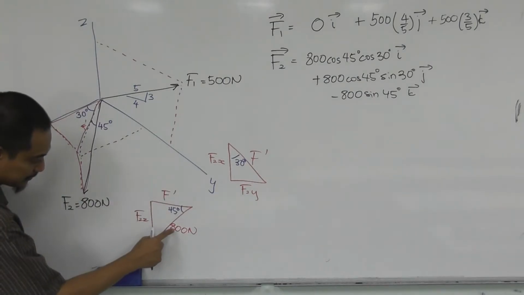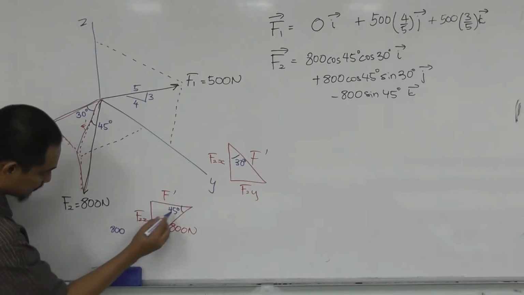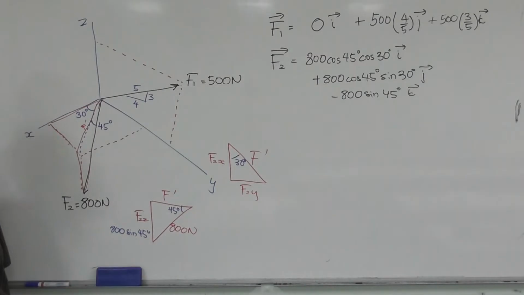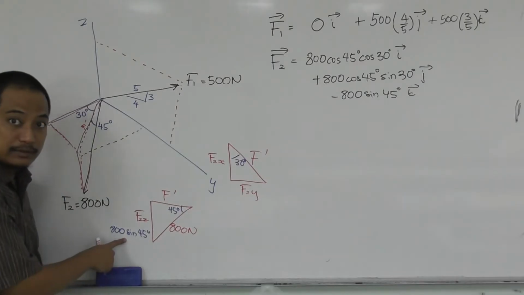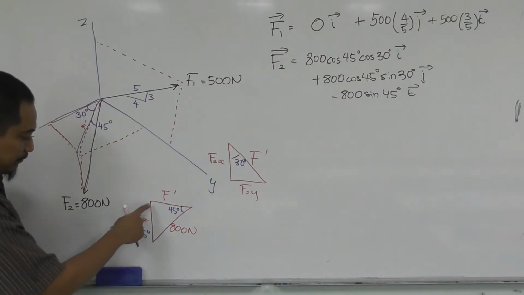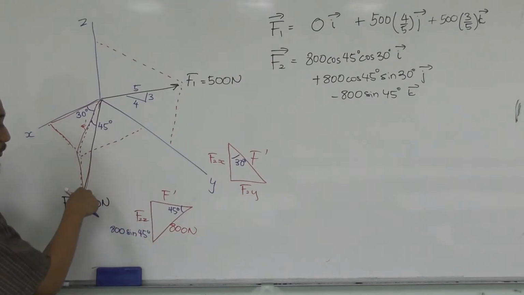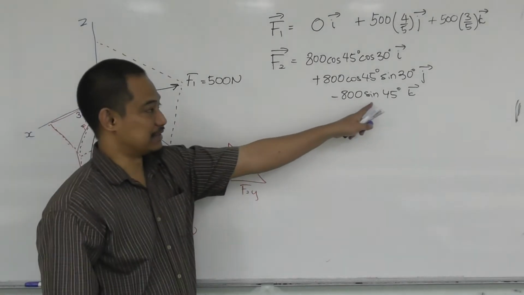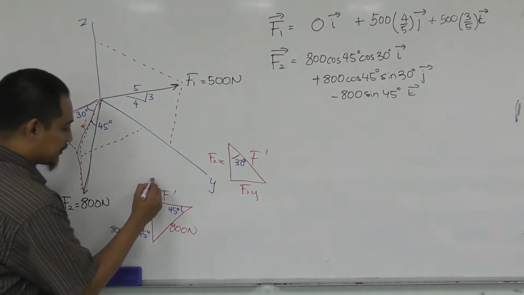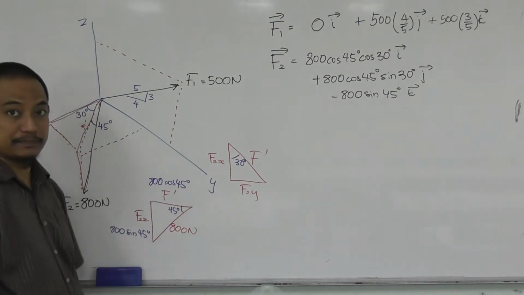So from here you can see that F2z is 800 sine 45 degrees, the Z component of 800 sine 45. And obviously, in Cartesian vector form, it's negative because it goes down, so you have negative 800 sine 45 degrees. F prime here is 800 cos 45 degrees.